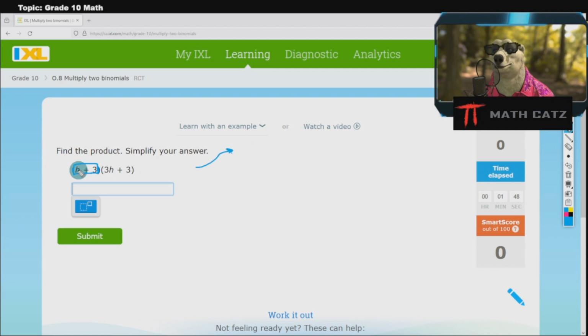So I'm going to multiply the first blue rectangle using my distributive property. Just copy that blue rectangle times 3h, and then plus, same distributive property, and then times the 3. Same distributive property like so.